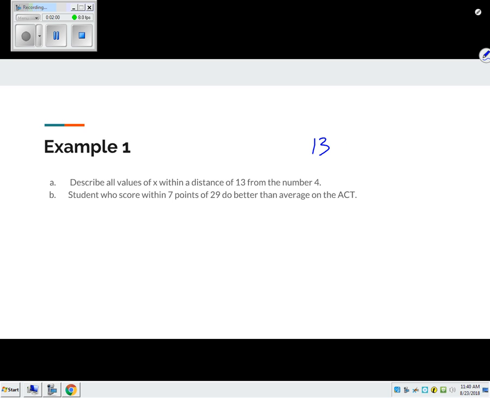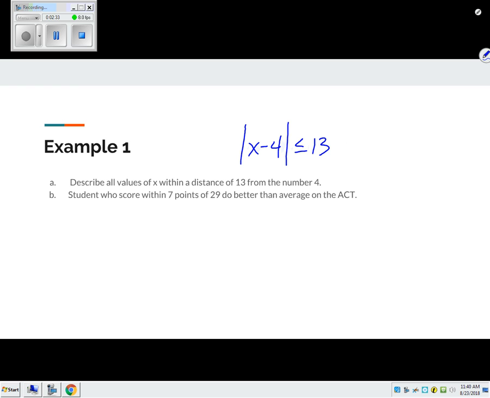So that means if I take a number and I subtract 4 from it, I want it to be smaller than 13. Well, since I can go anywhere from +17 down to -9, I want to make sure I put this inside absolute values so that we account for both the positives and the negatives.